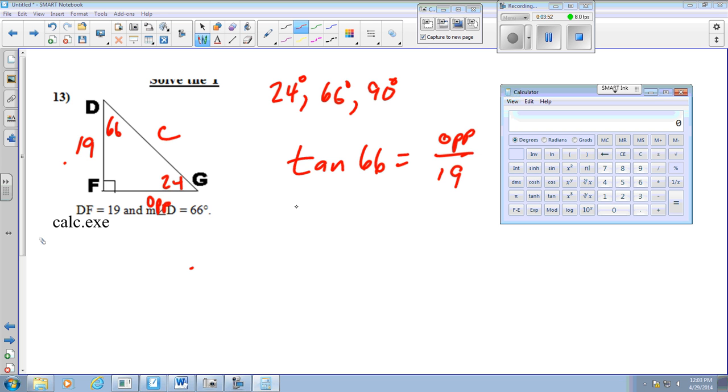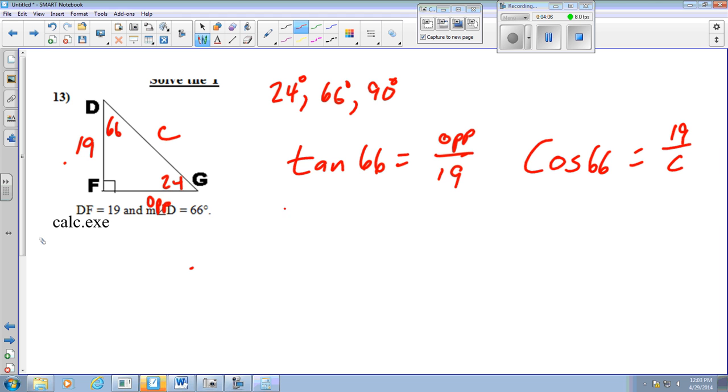If I multiply both sides by 19, I would get 19 times the tangent of 66. On my calculator, I take 66 tan times the 19, which gives me 42.7.